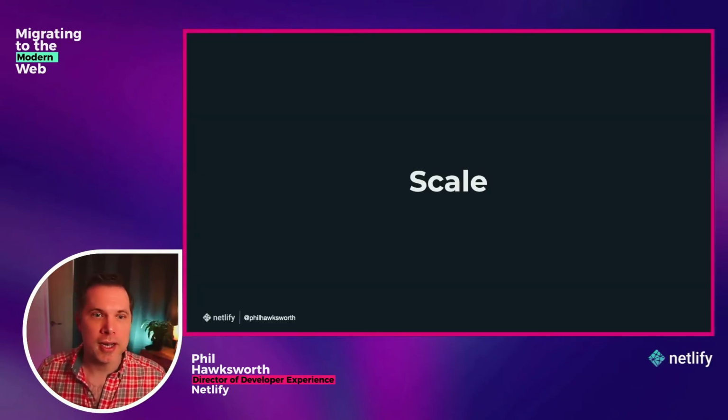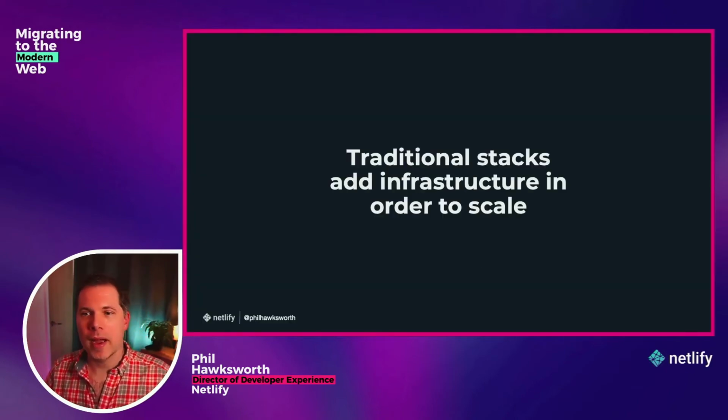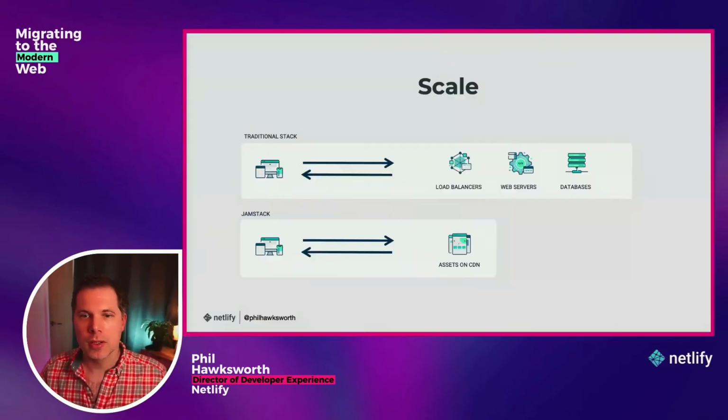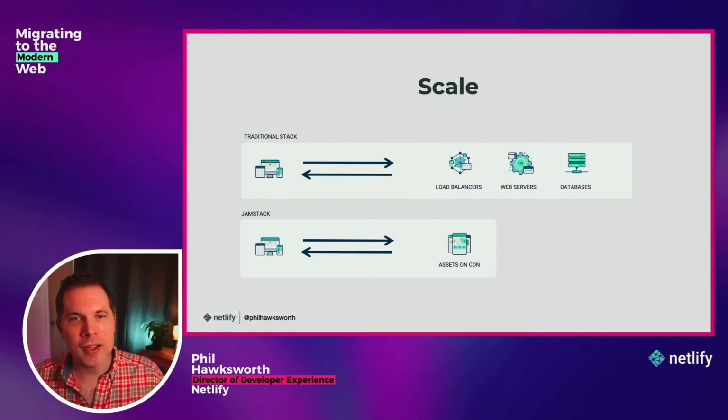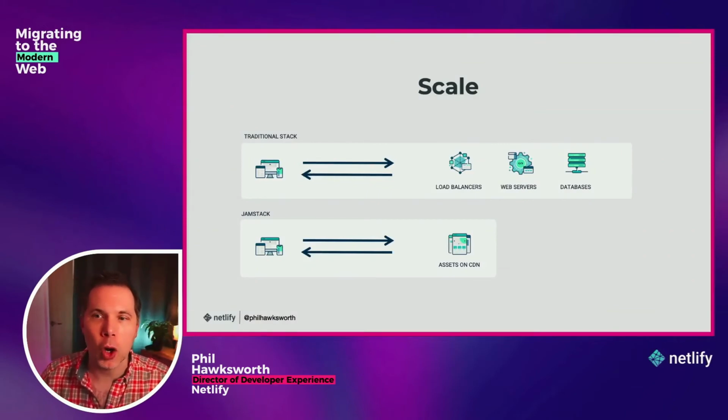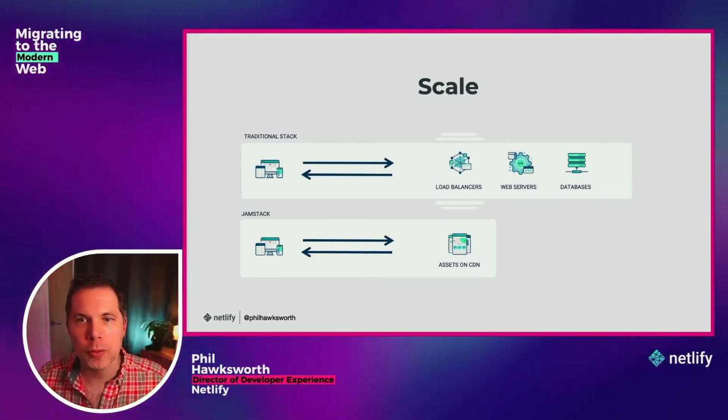Let's talk about scale for a second. When we're thinking about how we scale up, traditional stacks tend to add infrastructure in order to scale. If we want to serve more and more users and more requests, that's traditionally what we do. So again, back to our diagram, how would we plan to accommodate scale? We'd add more servers and more infrastructure.